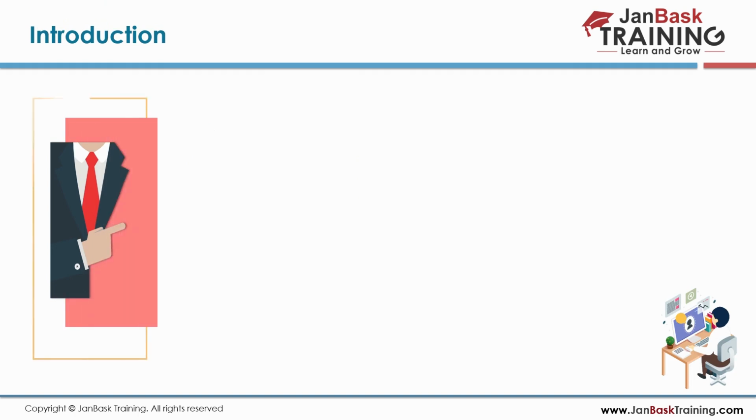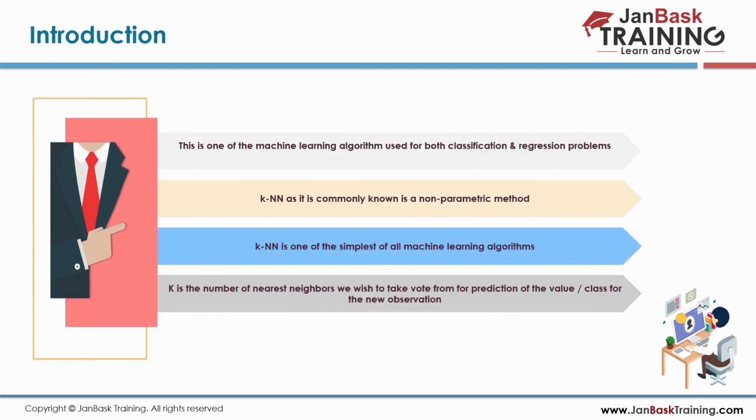With the introduction, this is one of the machine learning algorithms used for both classification and regression problems. There are two functions in sklearn for K nearest neighbor: one is called KNN classifier, which will do the classification for you, and another is KNN regressor, which will do the regression for you.